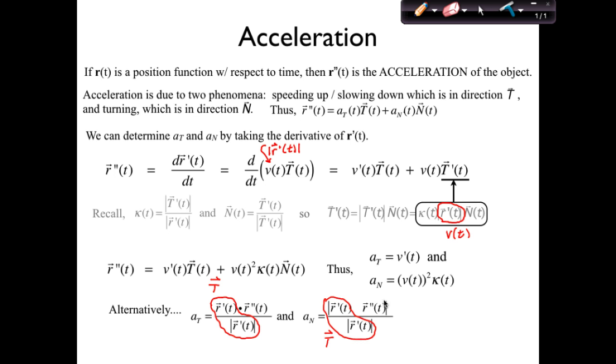Orthogonal now, right? So now we're extracting the part of the second derivative that is orthogonal to T, or in the direction of N. So, dot product or cross product? Cross product. So those formulas should make sense.